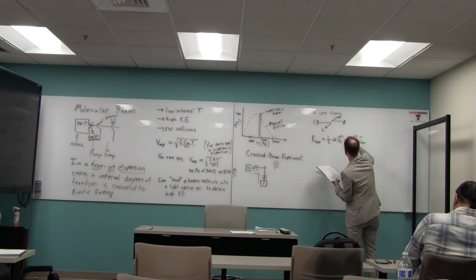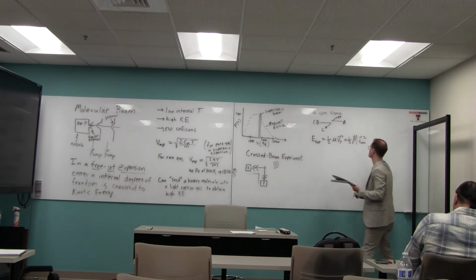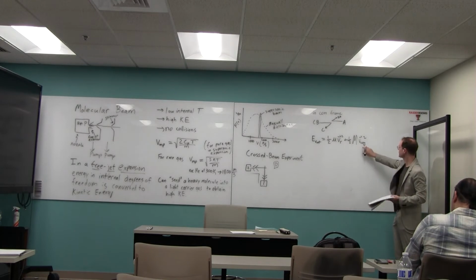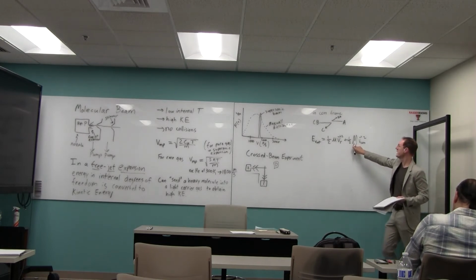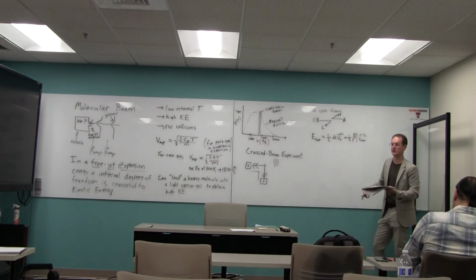Oh, sorry, this needs a square. The center of mass velocity gets multiplied by the total mass, where M is the mass of the two colliding partners.